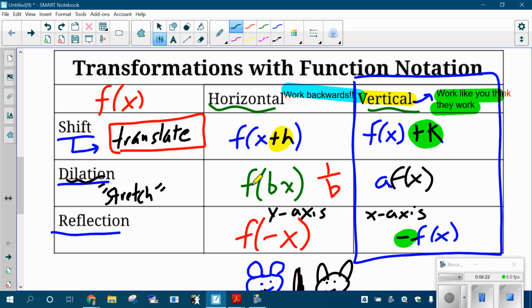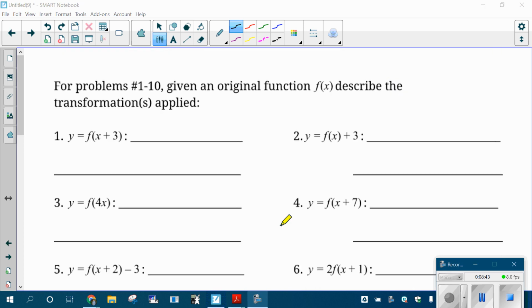Horizontal transformations are all on the inside of the parentheses, and they work backwards. +5 on the inside doesn't move it right 5, it actually moves it left 5. Multiplying by 3 on the inside doesn't make it 3 times as wide, it makes it 1/3 as wide, the reciprocal of whatever that is. Okay, they work backwards. Okay, now it's just time to dive into some problems.